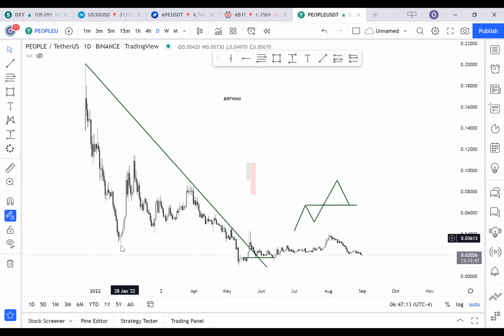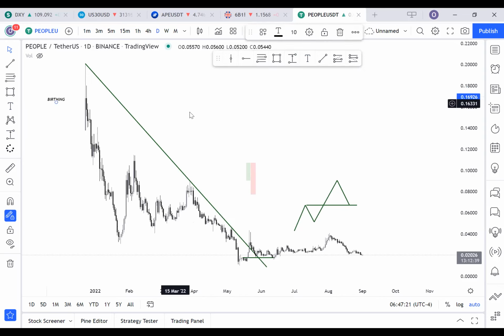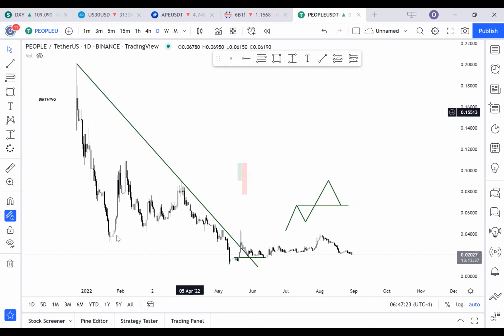That is an example of fractal in price. I'm still going to explain what a fractal is; I'm going to drop a whole lot of videos about that. So we can see that price built another lower high to the right-hand side.